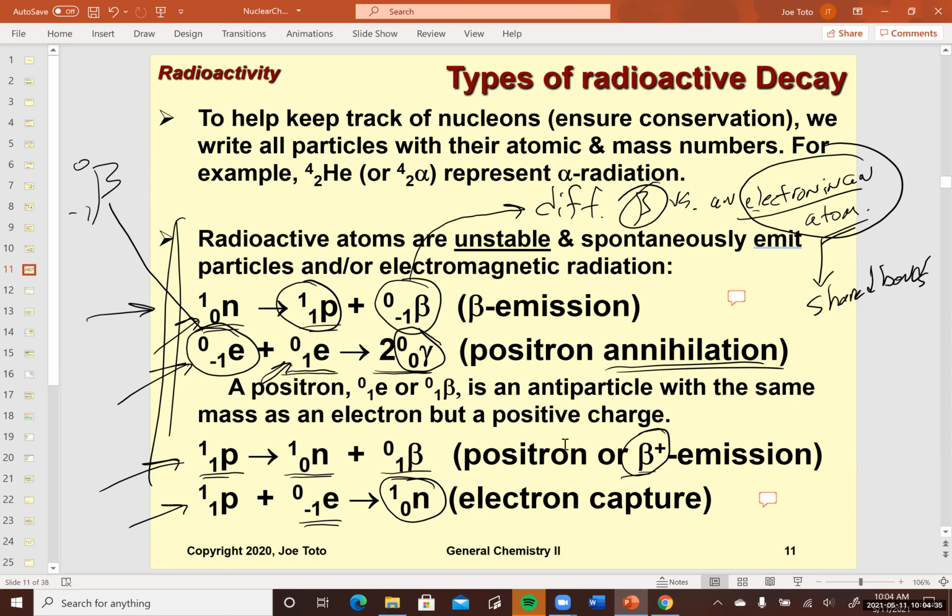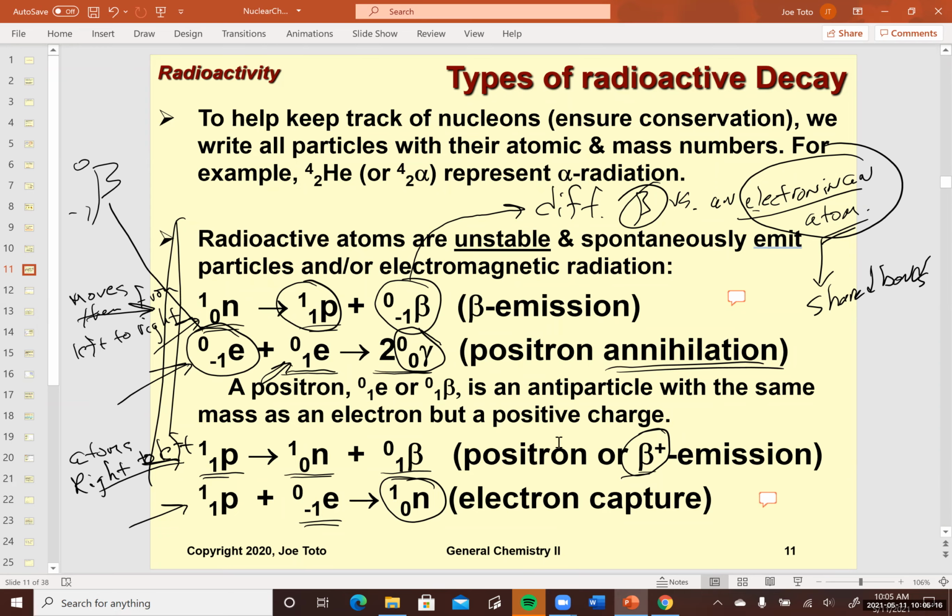So this takes atoms and moves them from right to left on the periodic table, whereas this process up here takes elements and moves them from left to right across the periodic table.